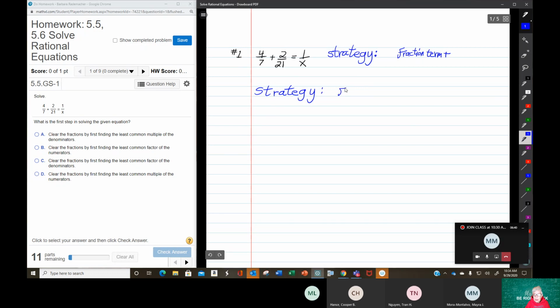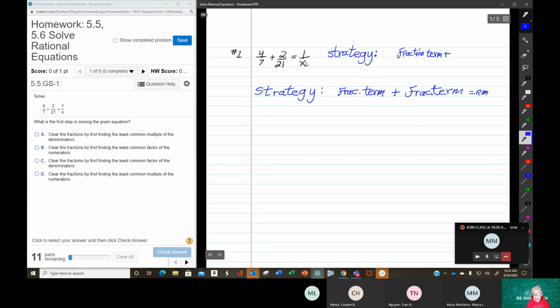If you have a fraction term plus a fraction term equals, and whatever this is, it could be a number, it could be anything.